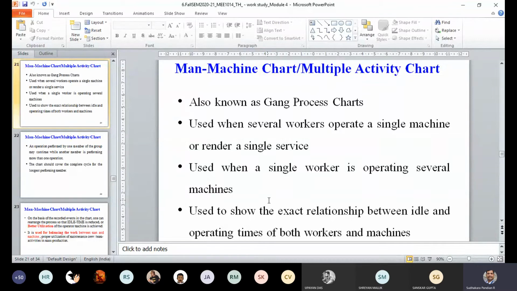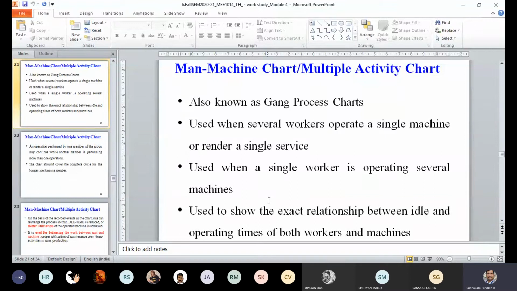Suppose, for example, one operator is handling several different machines or similar machines. Suppose you have a number of lathes, and only one operator is looking after some operations, turning operation, thread cutting operation, step turning operation or some other facing operation, whatever you can do.